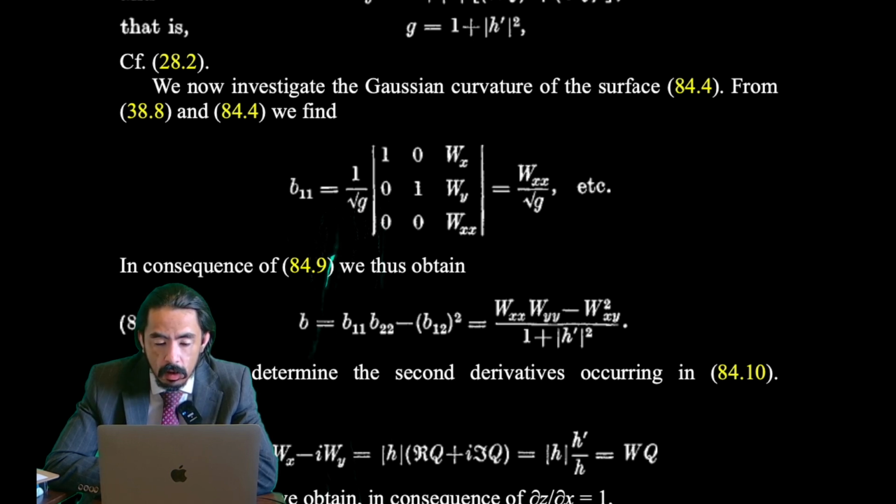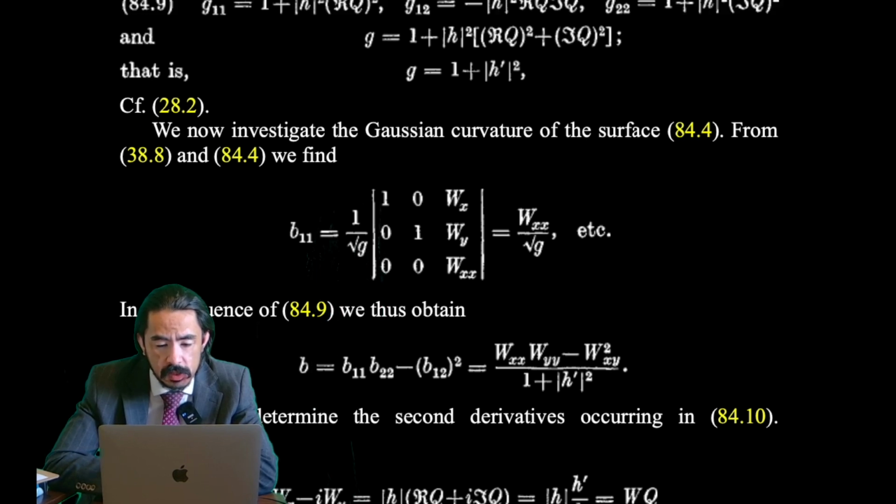And in all, we have that b sub 1 is equal to capital W sub xx all over the square root of lowercase g, etc. So we can continue on and similarly find the components of the second fundamental form for this surface.